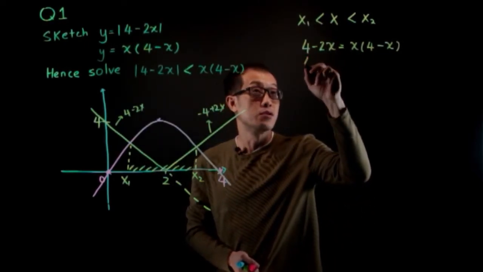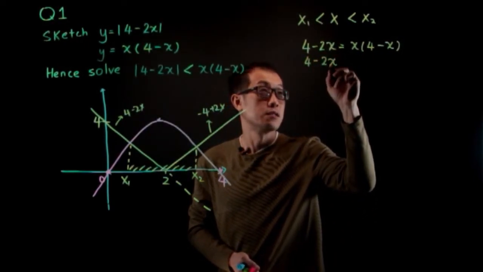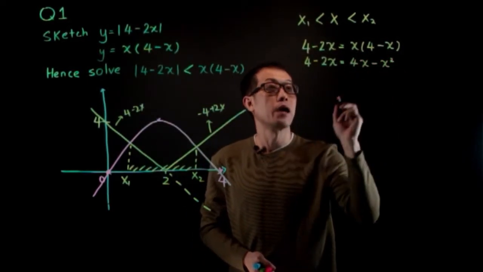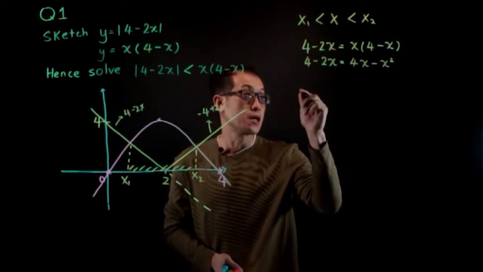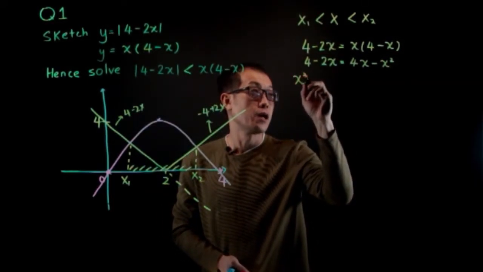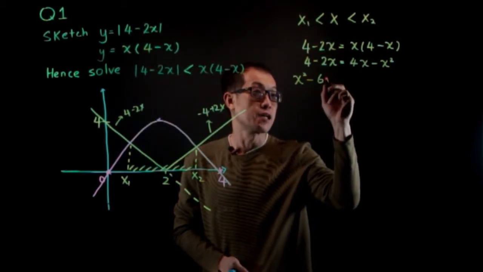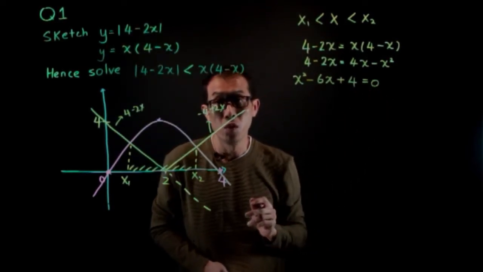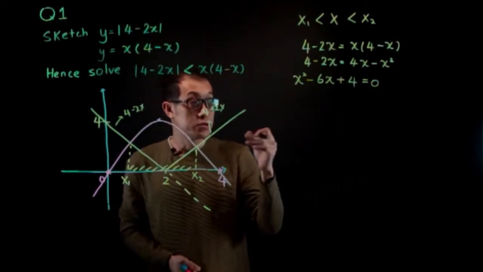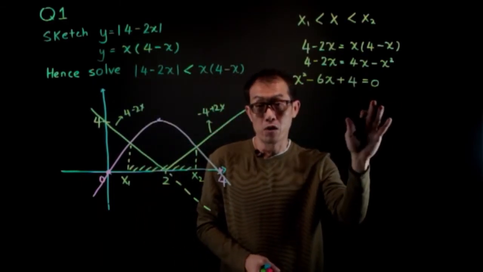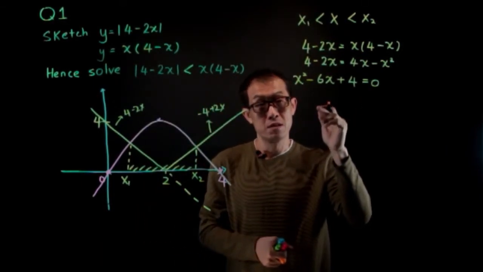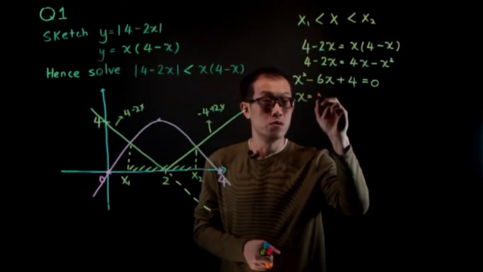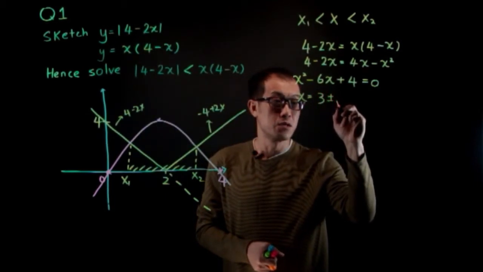If you expand this, you get 4 minus 2x equals 4x minus x squared. Bring this over to this side. You have x squared minus 6x plus 4 equals 0. Now you can use the quadratic formula, or completing the square to solve this value of x. Now you get x equals 3 plus minus root 5.